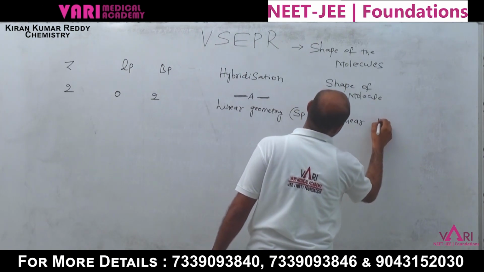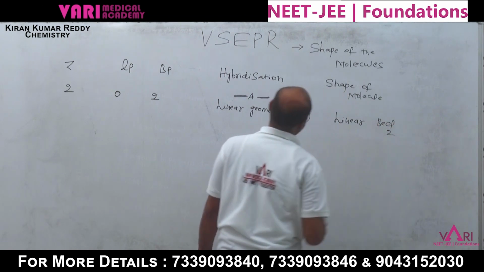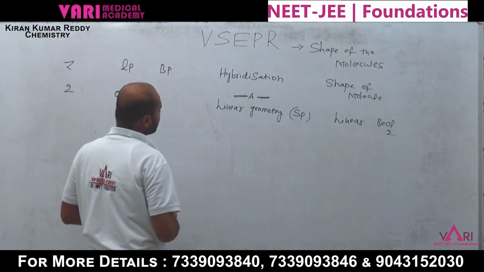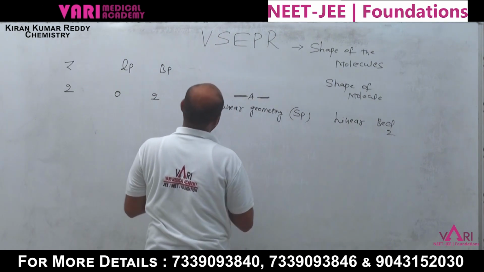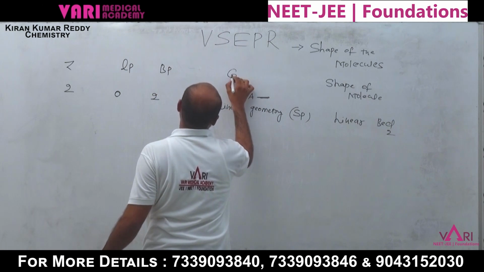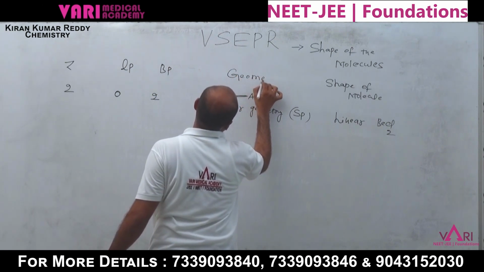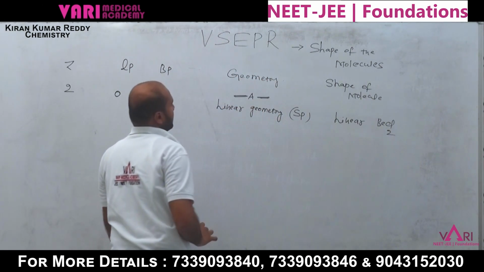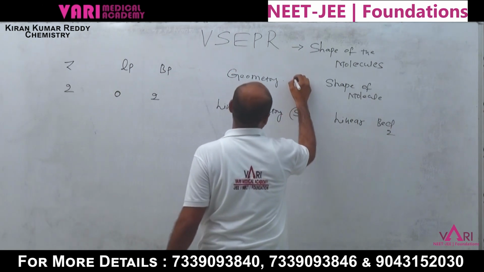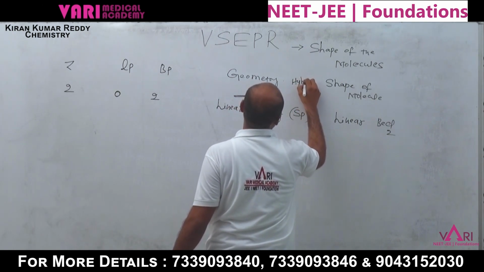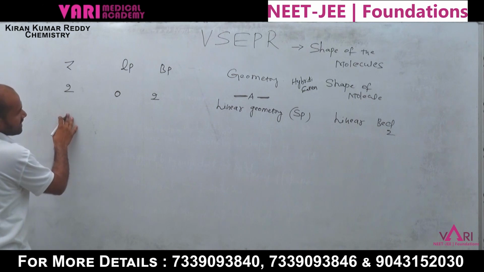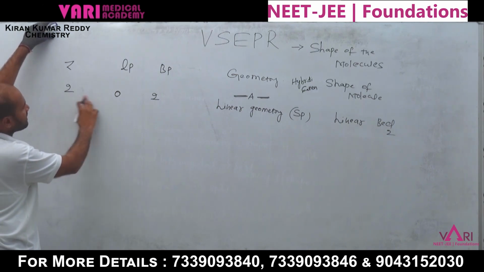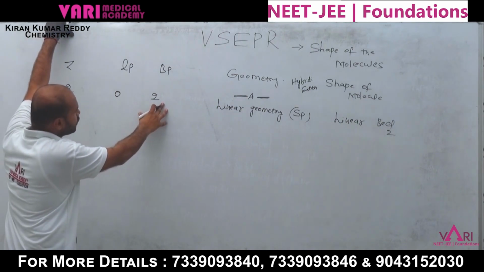Example, beryllium chloride, BeCl2. Here is SP hybridization, and the geometry is linear geometry. Z is equal to 2, SP hybridization, 0 lone pairs, 2 bond pairs.